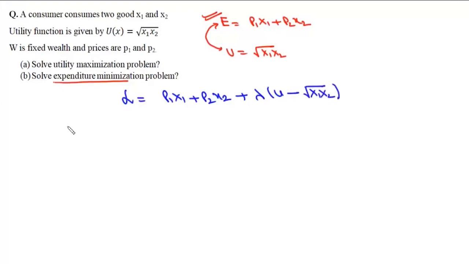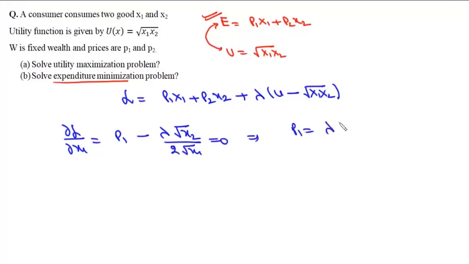Now again we'll differentiate this with respect to x1. We'll get p1 minus lambda square root of x2 upon 2 square root of x1, equal to 0. So from here we get p1 equals lambda square root of x2 upon 2 square root of x1, and that's our first equation.